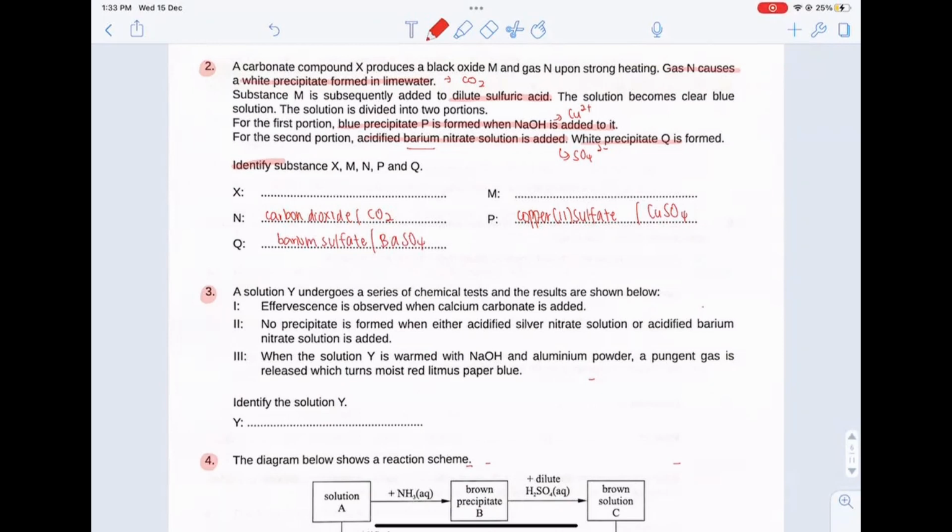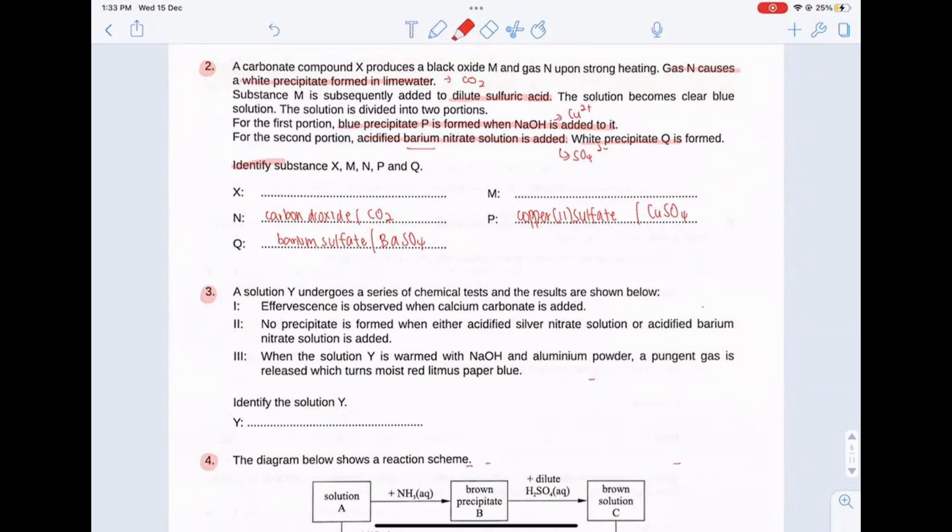And then next, as for M, let's take a look. M is subsequently added to sulfuric acid. So the sulfate doesn't come from the M, but it comes from the dilute sulfuric acid. So let us go back in front and take a look.